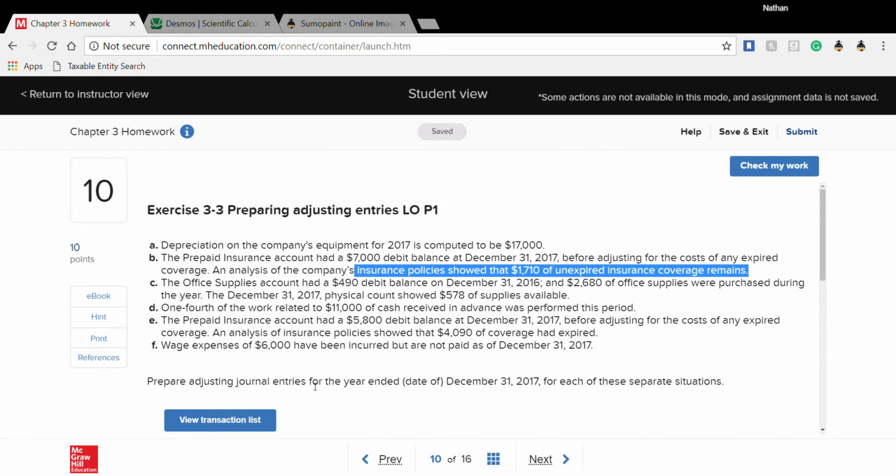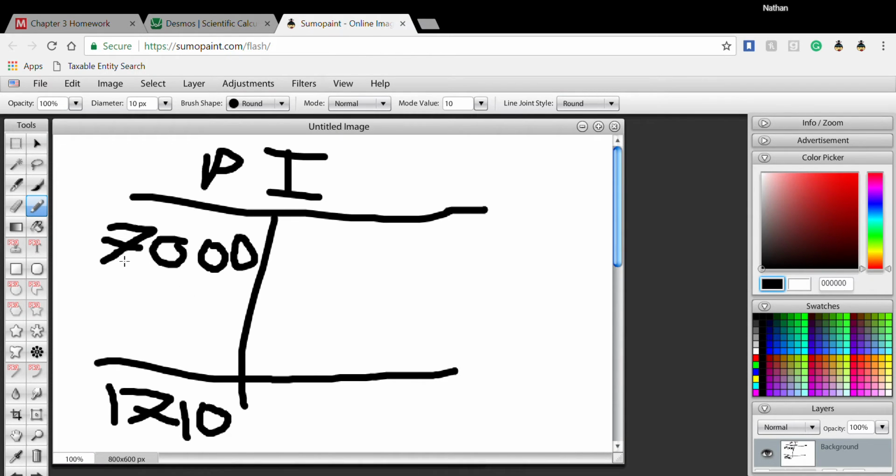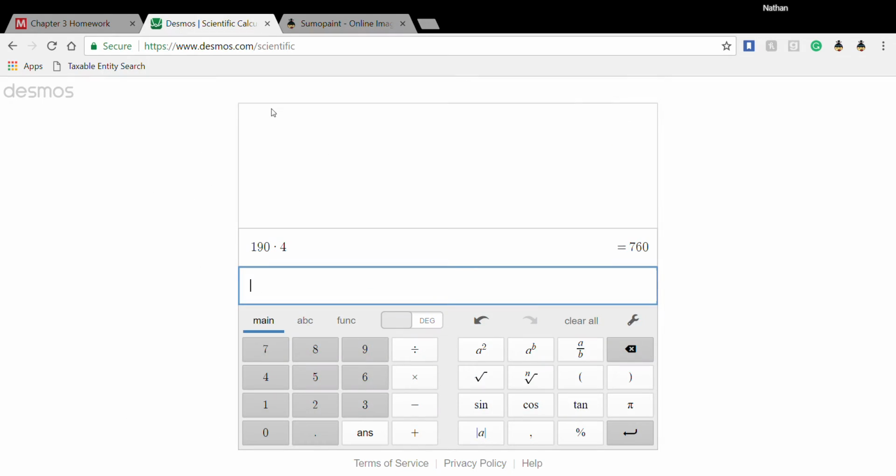When it's unexpired, that means we still have a balance in that account. The T-chart shows it went from 7,000 debit to 1,710, which means there's a credit reducing it down to this amount. So I can take the 7,000 minus the 1,710, because if I subtract the ending balance from the beginning, that gives me what reduced it to that amount.